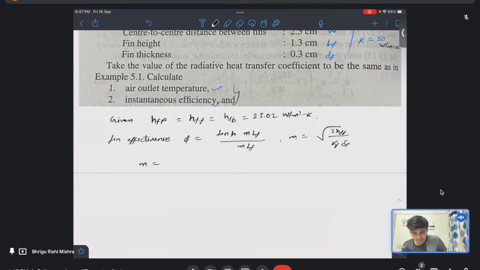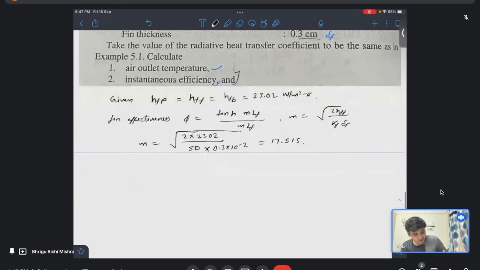So m is root of 2 into 23.02 by Kf 50 and delta F is given 0.3 centimeter. Again for the unit we need to convert it into meter. If you solve, you will get 17.515.